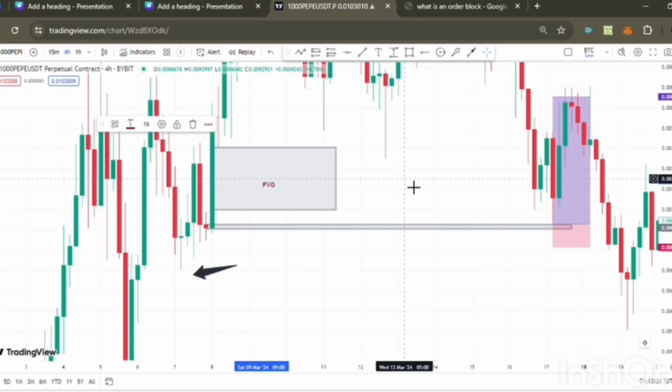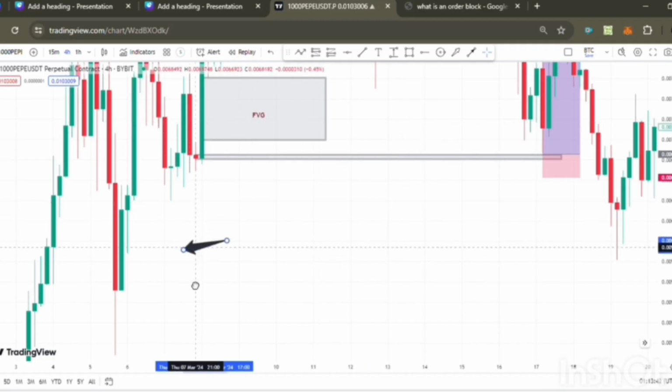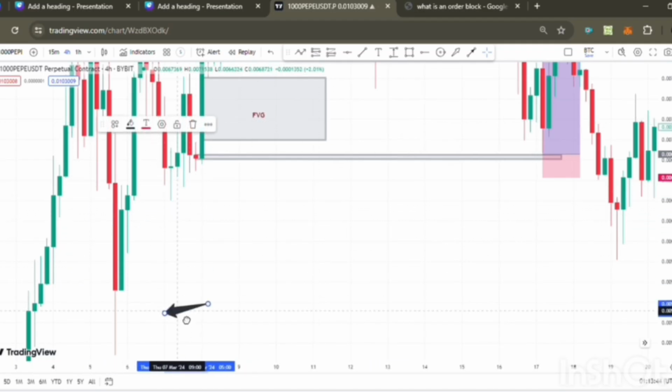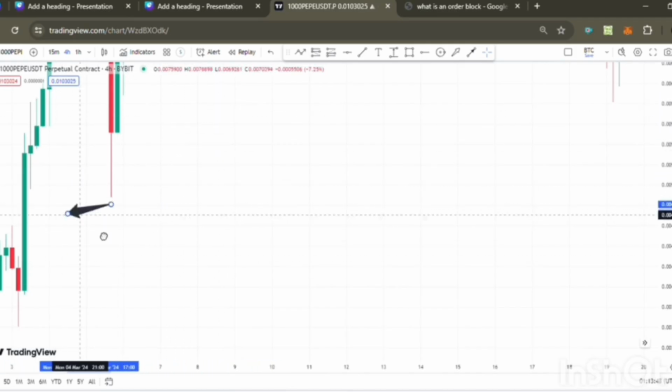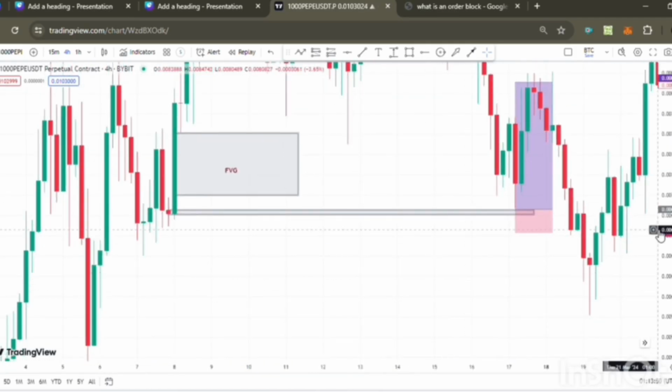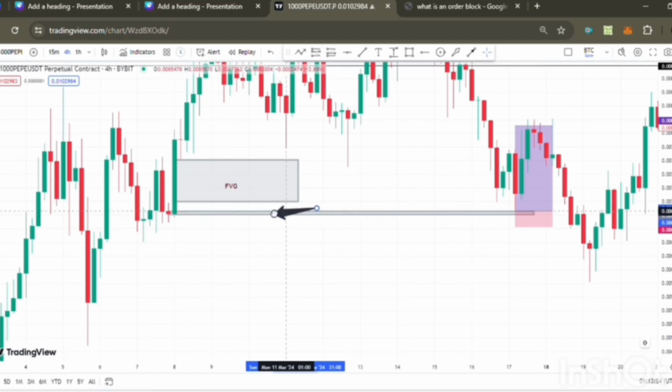So market imbalance. The market will always come to fill that imbalance first. Even if there are multiple imbalances down below, the market will surely come to fill them up. Now let's assume you enter the market using the body of the candle.